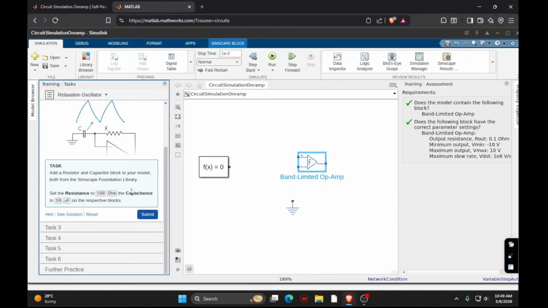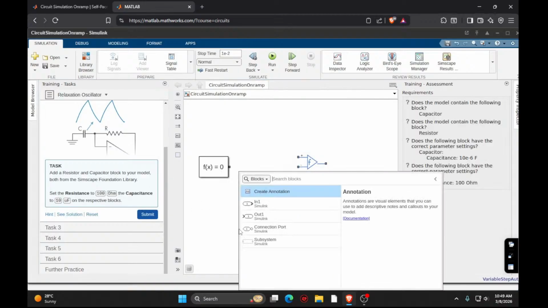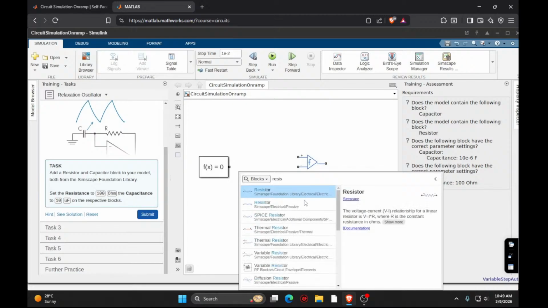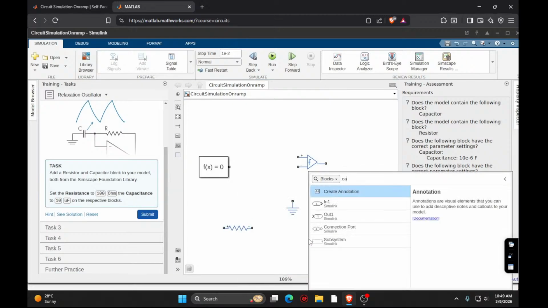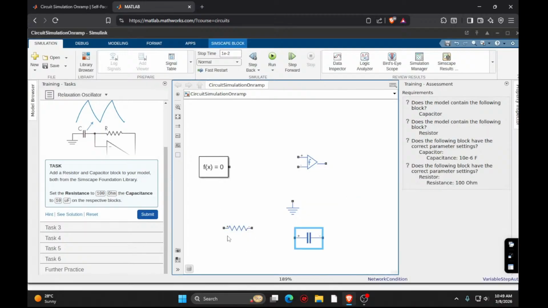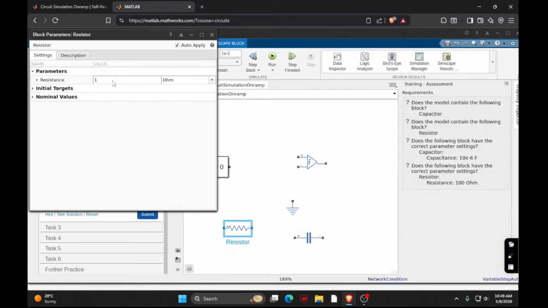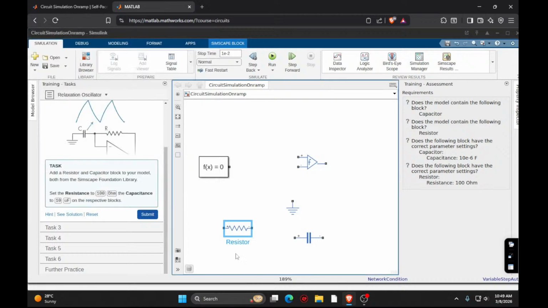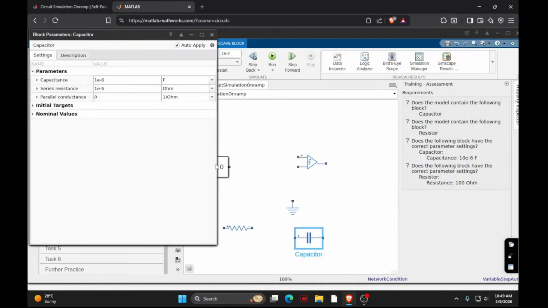Now add a resistor capacitor block to your model. Foundation library, capacitor from foundation library. Set the resistance to 100 ohms, and capacitor to 10 microfarad.